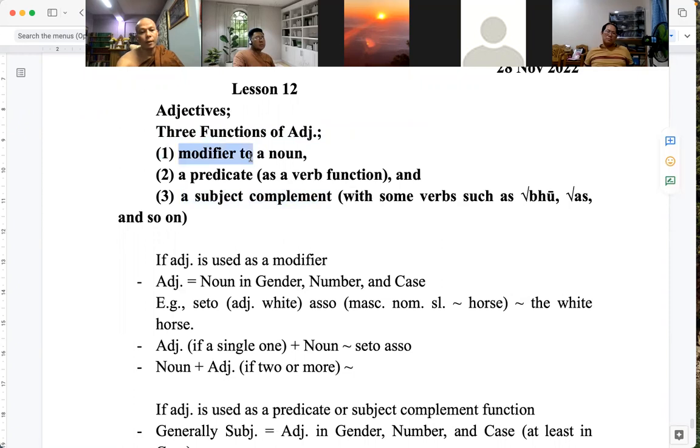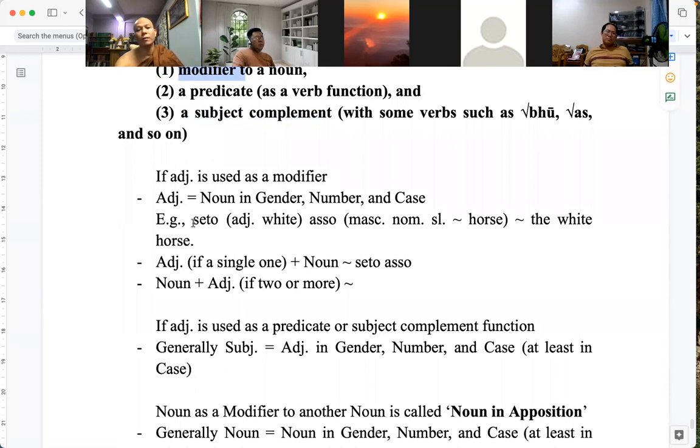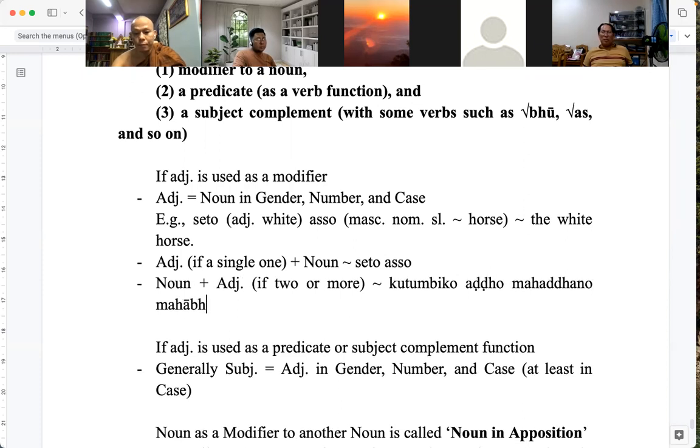If we use an adjective to modify a noun and it is a single one, the order will be adjective then noun. But with two or three, the order can be different. For example, Mahadano Mahabogo.